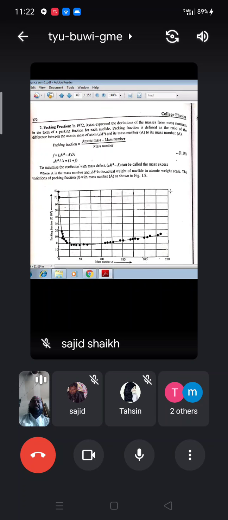Nuclei with an even number of both protons and neutrons are generally more stable than those with odd numbers of these particles. It may come for the MCQ point of view.